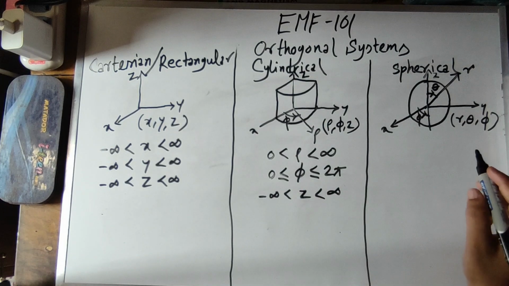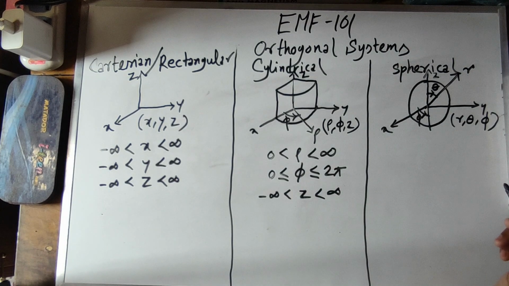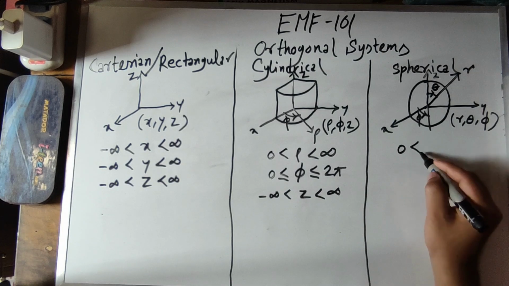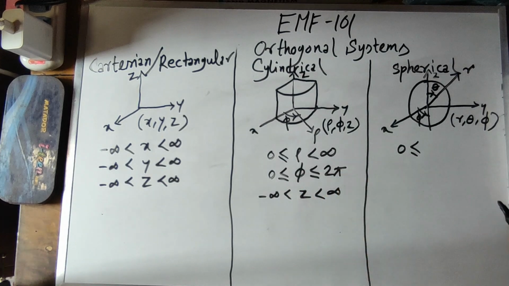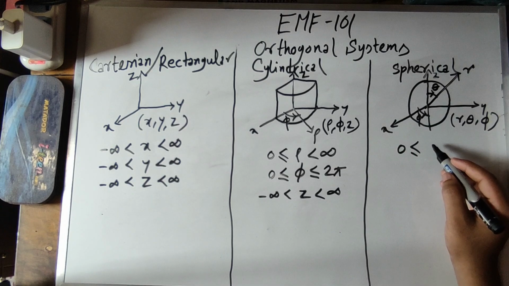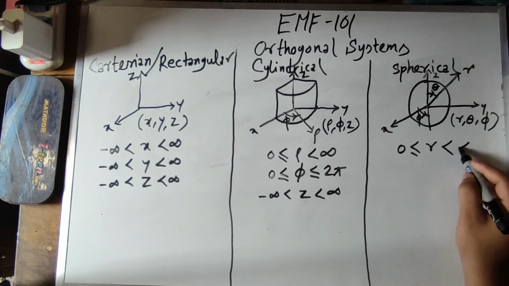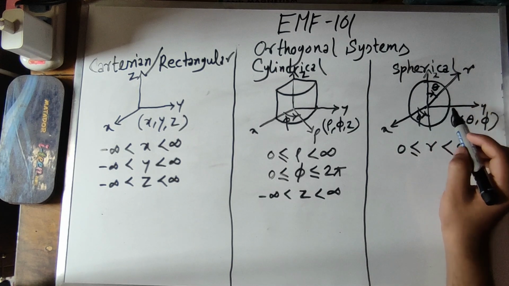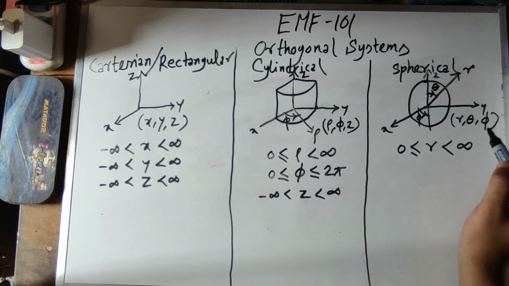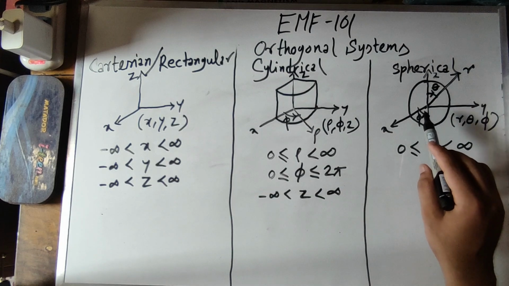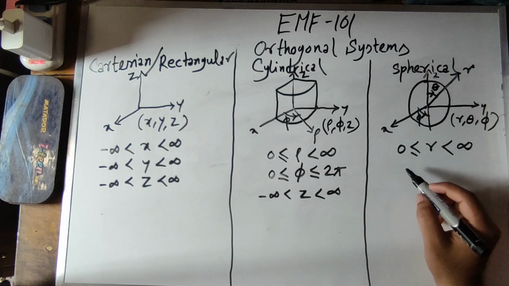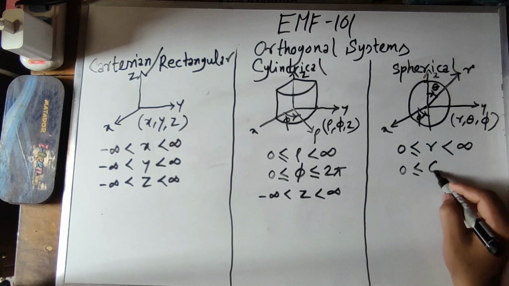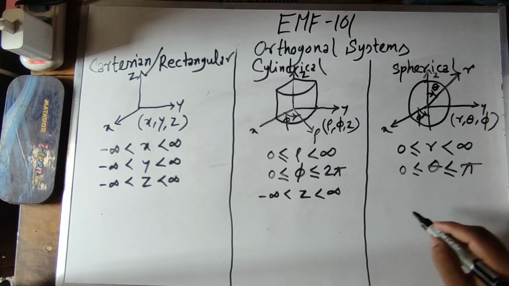For the spherical coordinate system, r is from 0 to infinity. Theta is also an angle, which is from 0 to a half circle, so 0 to pi radians.